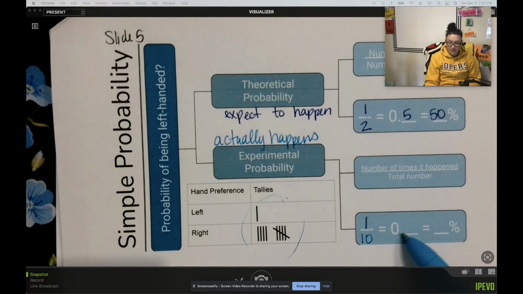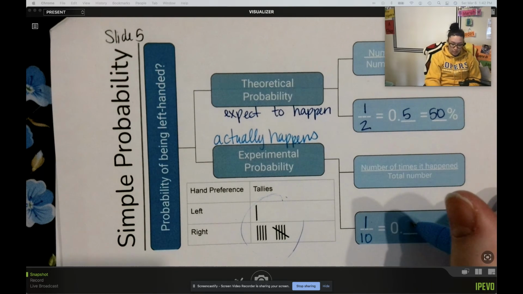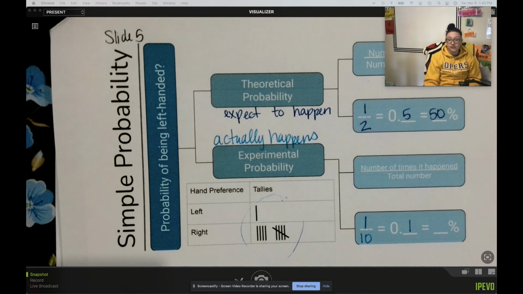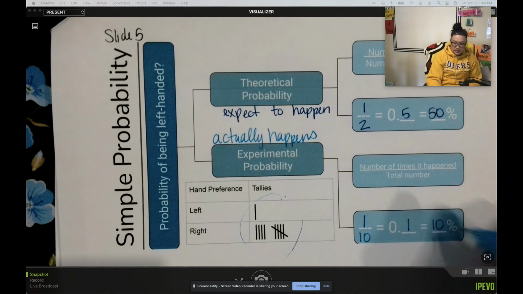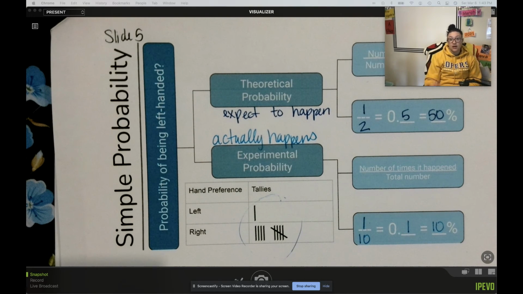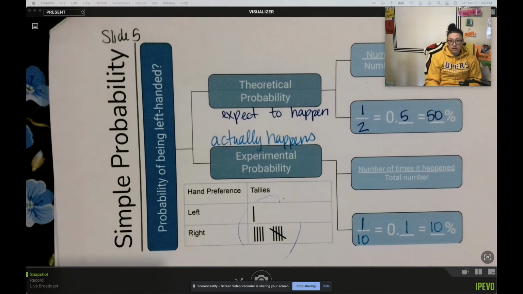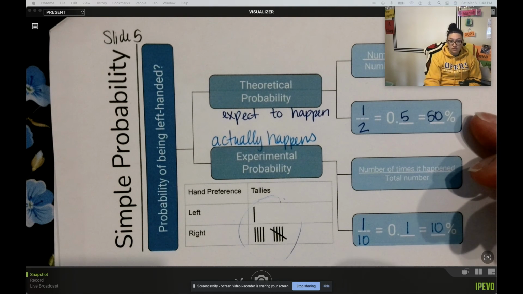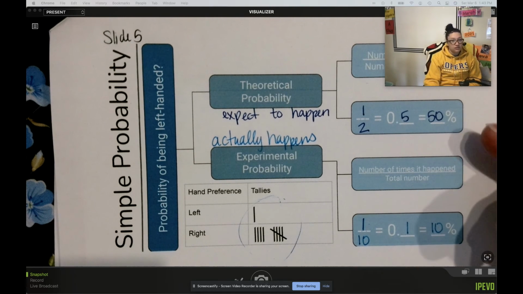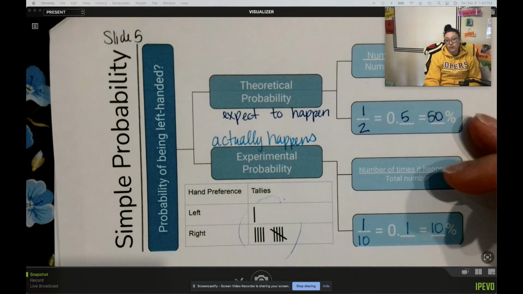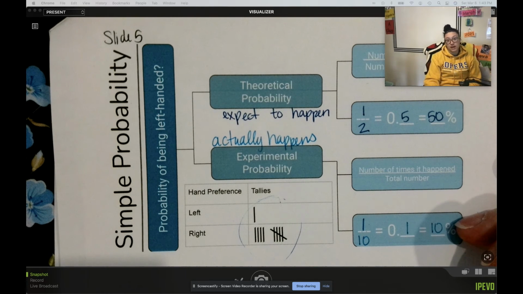What is 1/10? I read it the same way. 0.1. And what is 0.1 in percent form? 10%. So again, this is one situation where my theoretical and my experimental do not match, and they won't always match up.